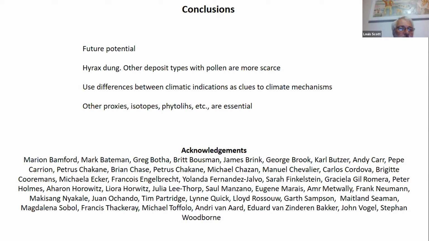Other types of deposits are there, but they're not so good. And of course, much of this work has to be done using other proxies, for instance, to tell you when we have winter rain and when it's summer rain.